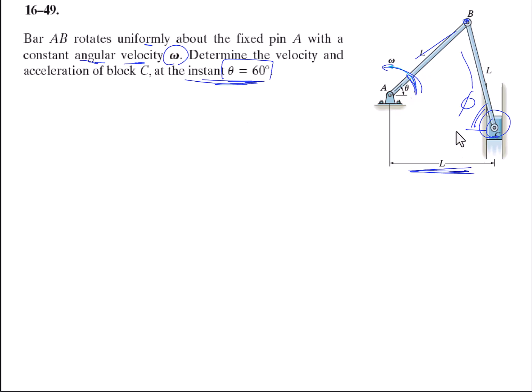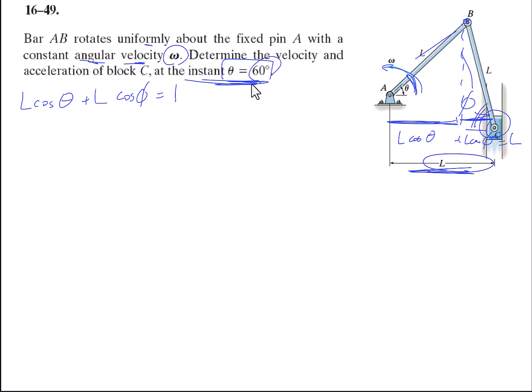We could write that this thing plus this thing is equal to L. So L cosine theta and this one L cosine phi must be equal to L. So let's write this down: L cosine theta plus L cosine phi is equal to L. We also know that cosine 60 degrees is 0.5, so cosine theta plus cosine phi, which is 0.5 and 0.5, is also equal to 1.